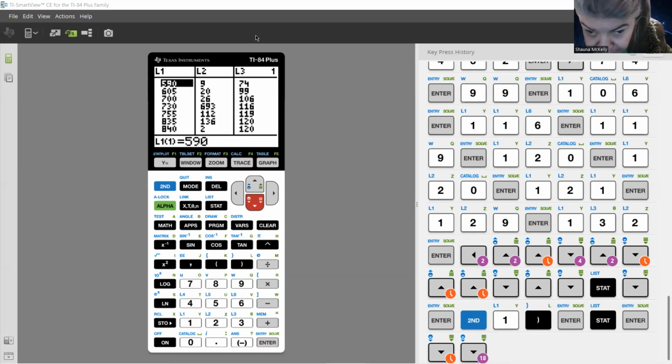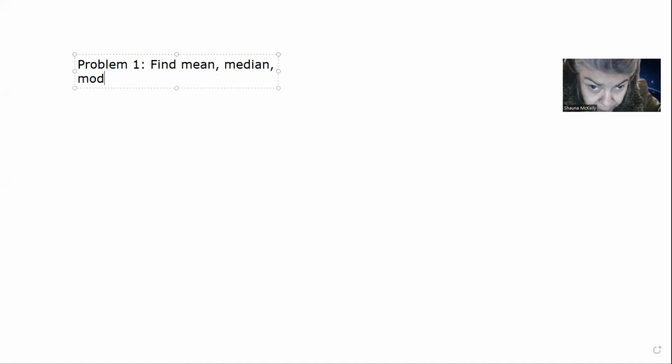So when we want to find, okay, so this is problem 1. Okay. And you want to find the mean, the median, mode, and mid-range. Okay.